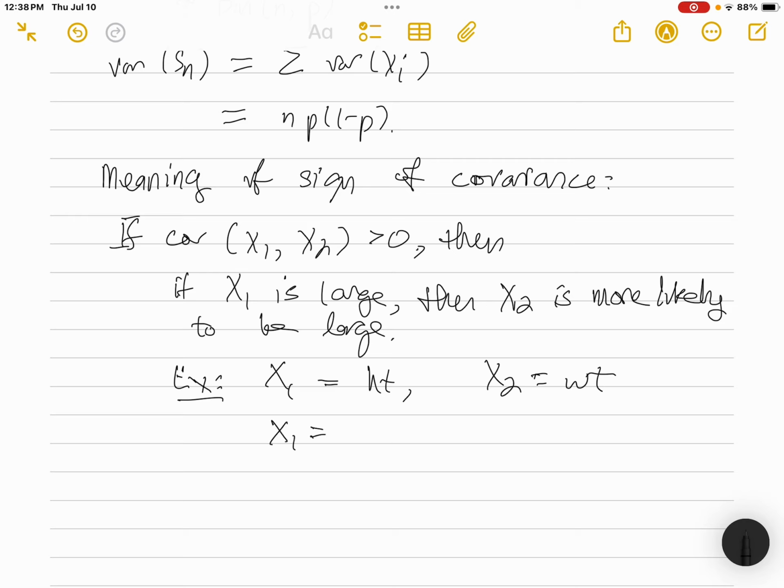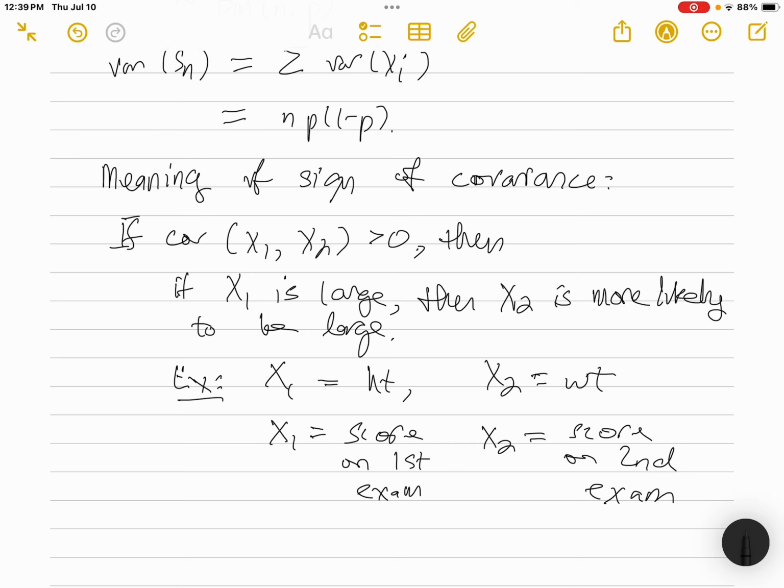Or x1 is the score on the first midterm, the first exam, and x2 would be the score on the second exam. Basically, when we have a positive covariance, the two random variables are positively correlated.